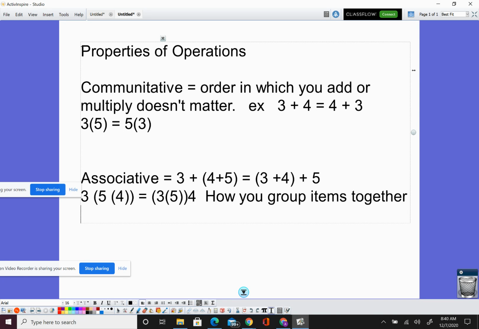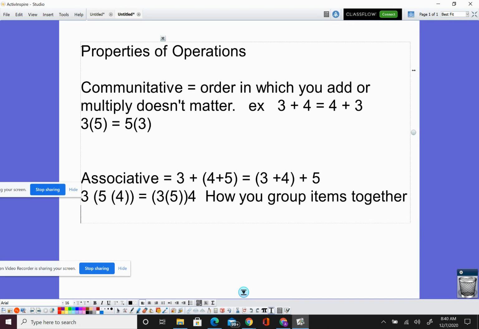Okay. So we have those two properties that you do need to know the name of, because those properties come up all the time in mathematics. So commutative is the order, associative is the grouping, how things come out.